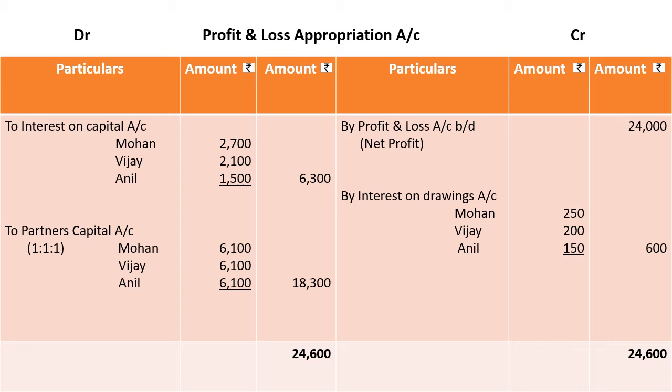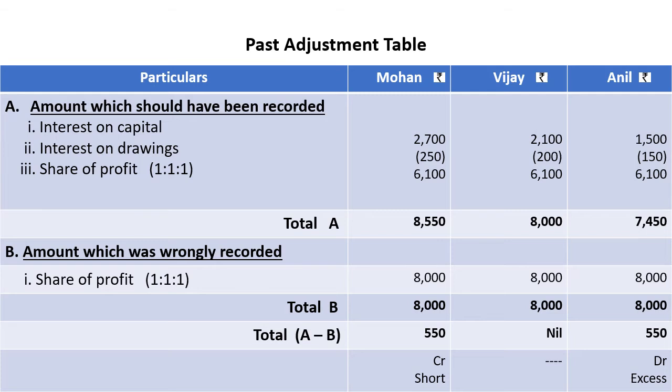This information can be brought down to the past adjustment table. How to prepare the past adjustment table? Under A, we have to write the correct items. Under B, we have to record the wrong items. Look at under A, the amounts which should have been recorded. Interest on capital for Mohan 2,700, Vijay 2,100 and Anil 1,500.